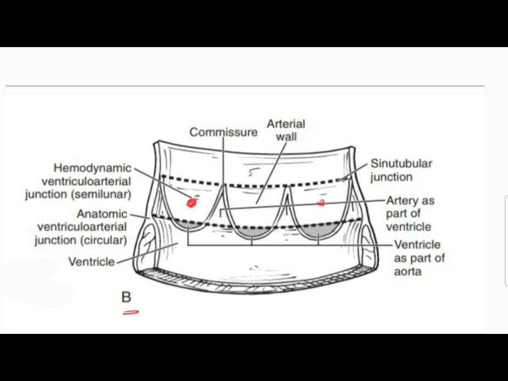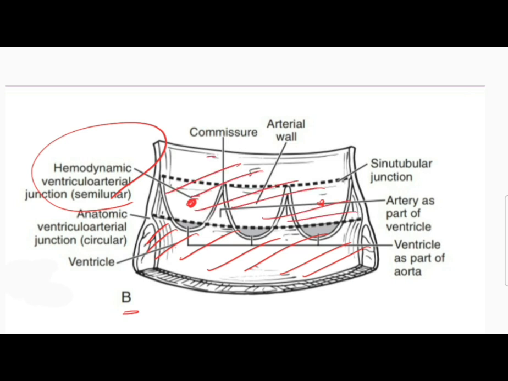The anatomic ventricular-arterial junction is located between the hemodynamic ventricular-arterial junction and the muscle of the left ventricle, which is separated from the aorta by the anatomic ventricular-arterial junction.